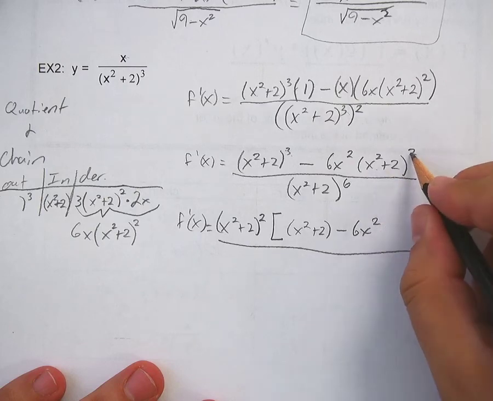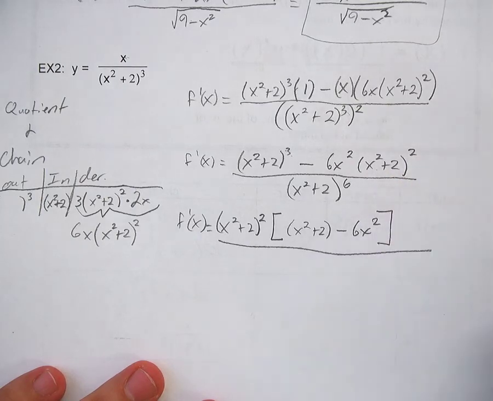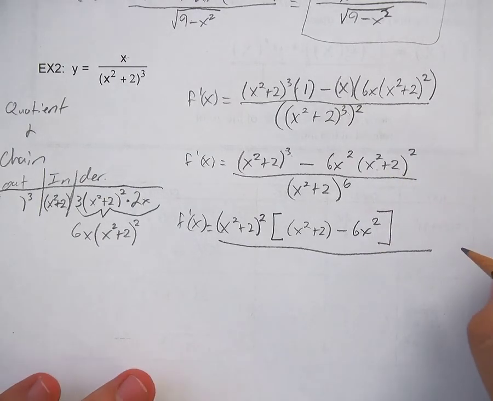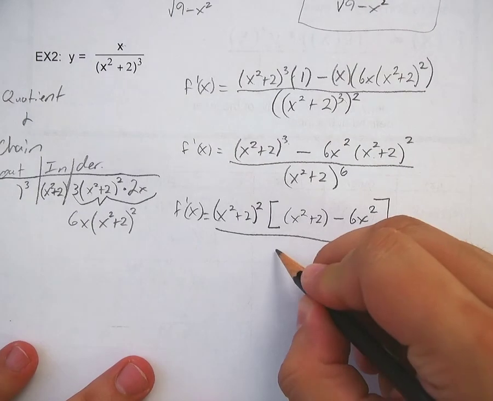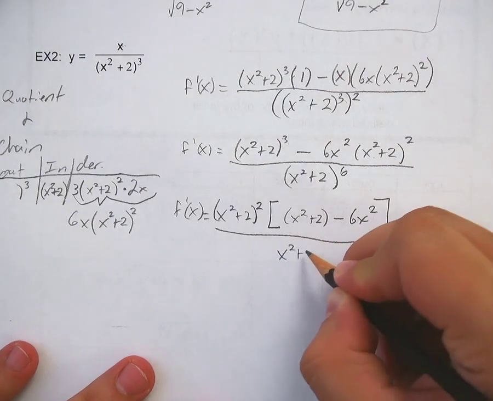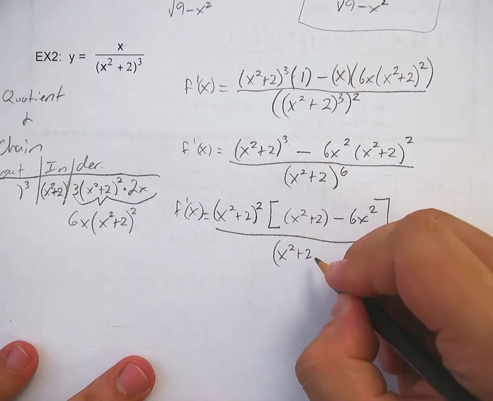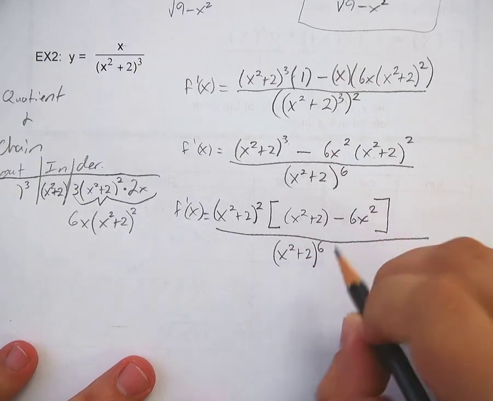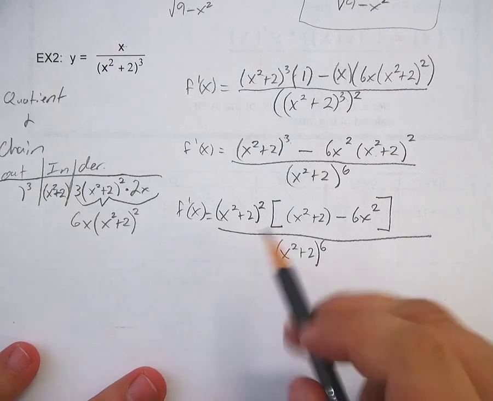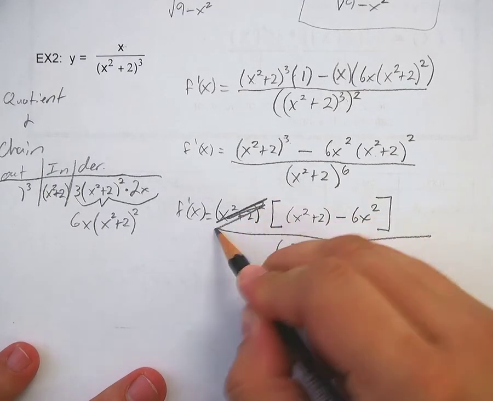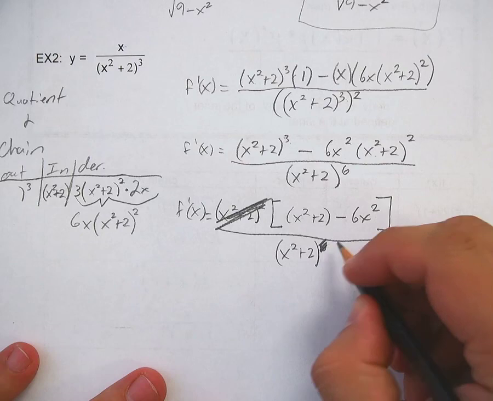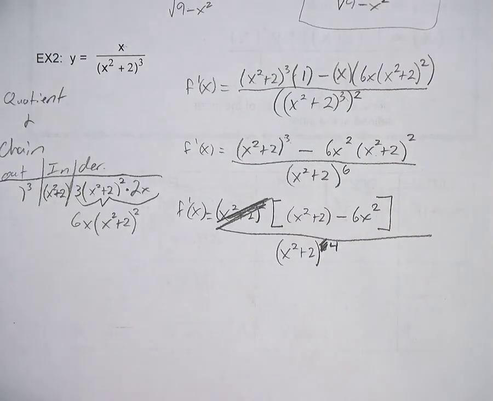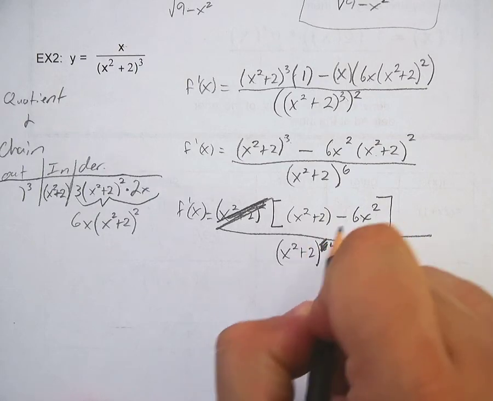And if I took these 2 away, it's just that. And then in the bottom, let's say we've got x squared plus 2. This was to the 6th, right? So what this allows us to do now, these 2 can cancel out with 2 right here. Leave me with a power of 4. And now I can just simplify.